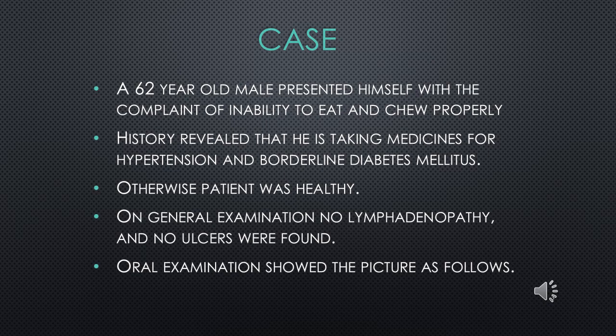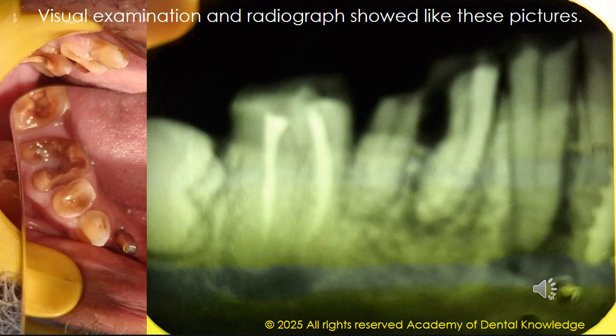On general examination, no lymphadenopathy or ulcer was found in the mouth. Oral examination showed the picture as follows. Clinical examination showed this picture of the lower right mandible and the intraoral periapical is showing the picture presented here.